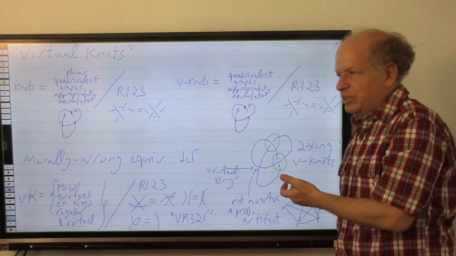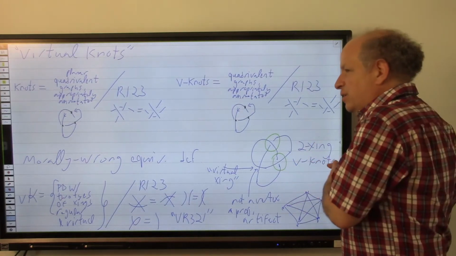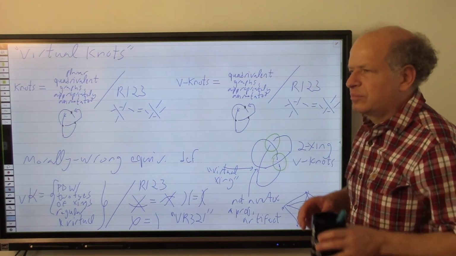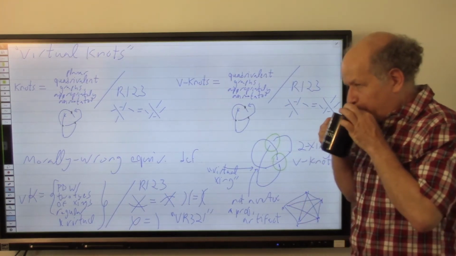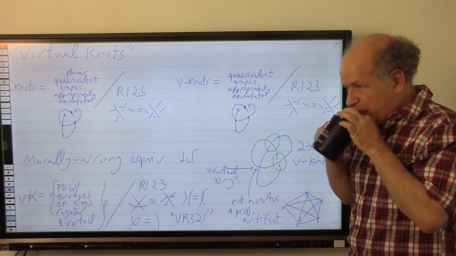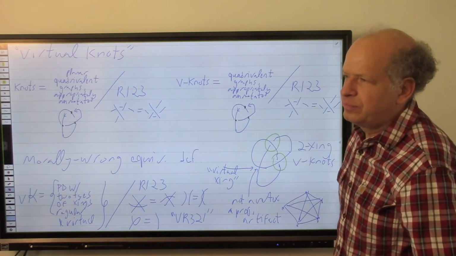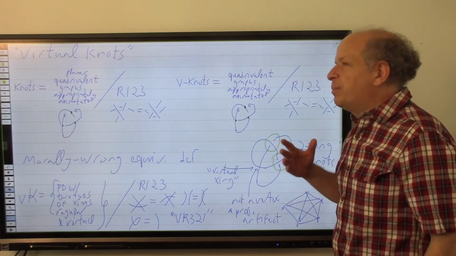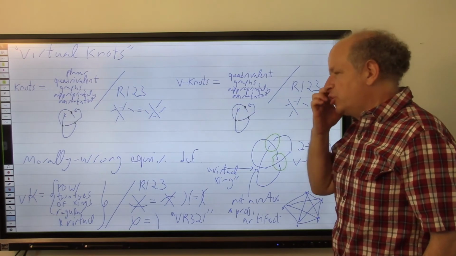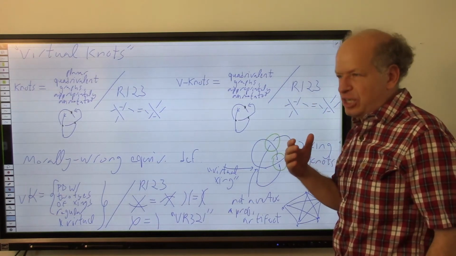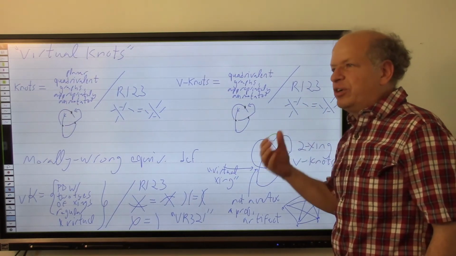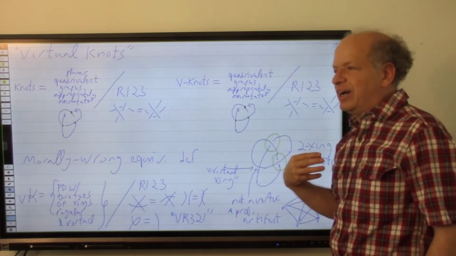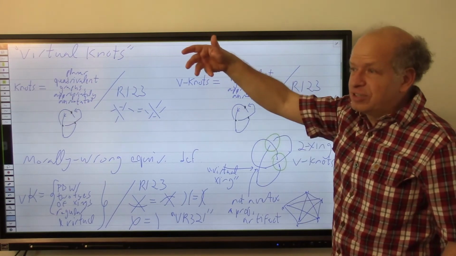So this version of the Wirtinger presentation will actually be the fundamental group when you look at the G-genus surface thickening interpretation of virtual knots. But you need surfaces modulo some stabilization, and in fact to get the Wirtinger presentation you need to fill in the surface from the inside or from the outside.